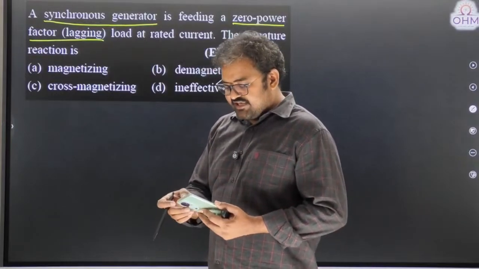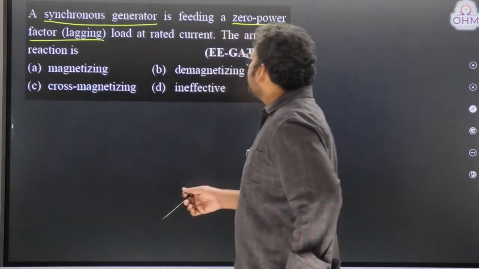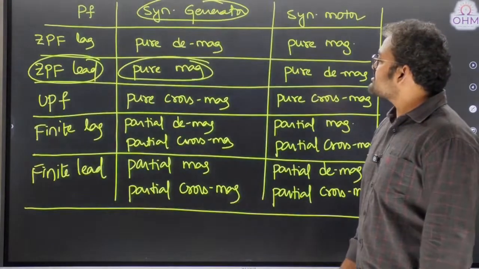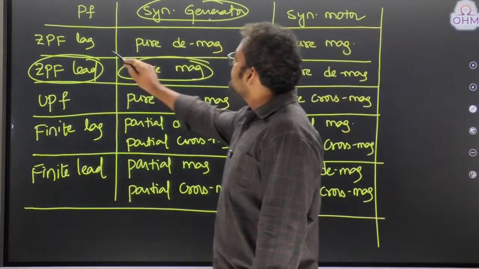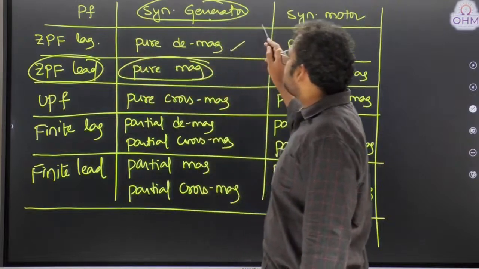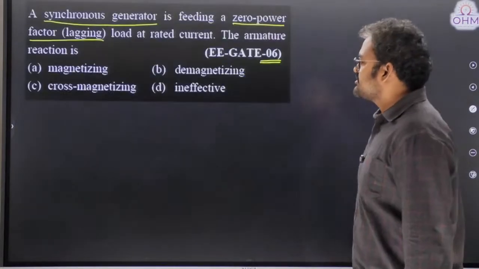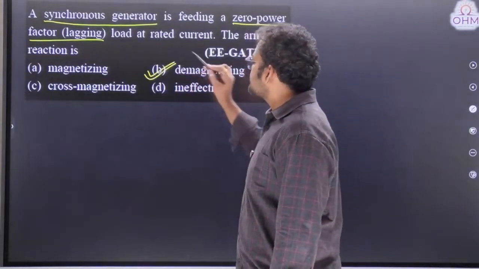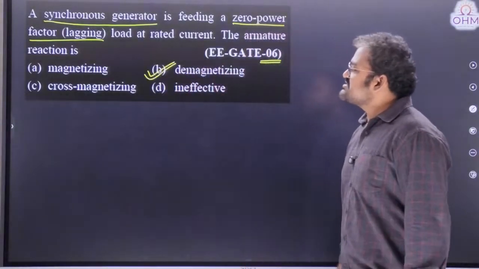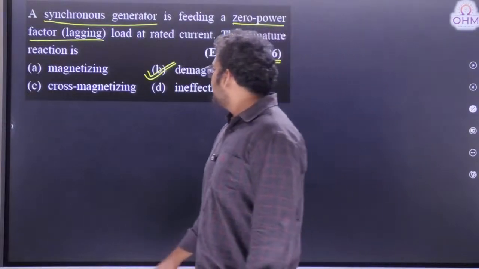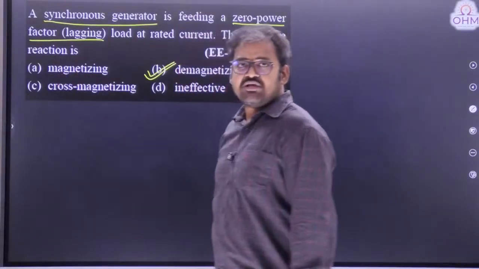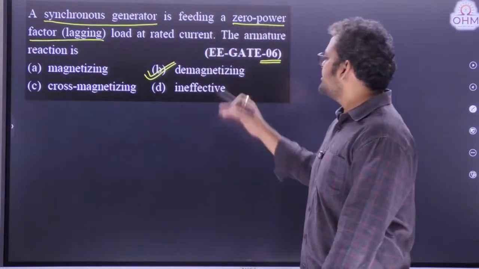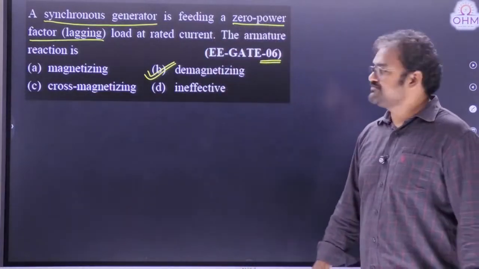We have just studied generator ZPF lagging power factor. That means it is pure demagnetization. So the answer is demagnetization, option B. Suppose if it is ZPF leading power factor, it would have been magnetization. If it is unity power factor, cross magnetization. Very simple question. It was given for 1 mark.